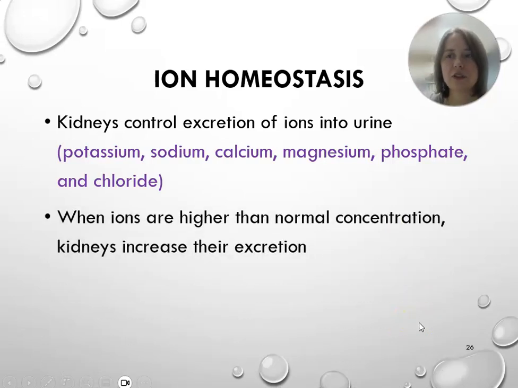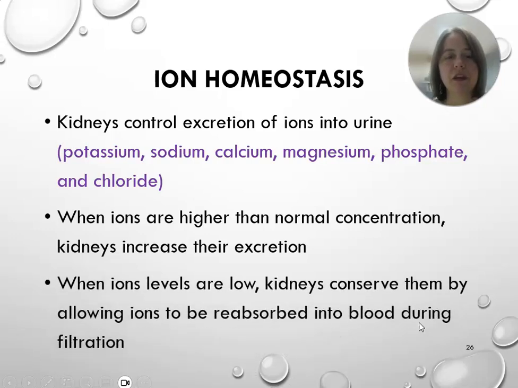So when the ion levels are too high, your kidneys are going to increase their excretion. So you're going to send those ions out into the urine and out of the body. When the ion levels are too low, kidneys conserve them by allowing ions to be reabsorbed into the blood during filtration.